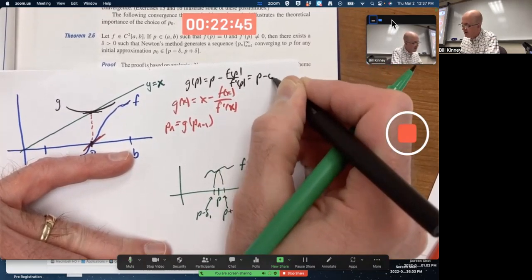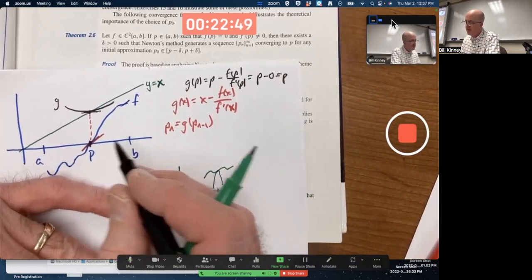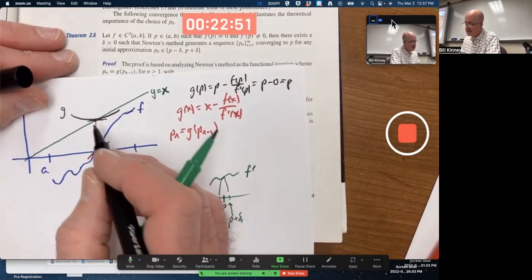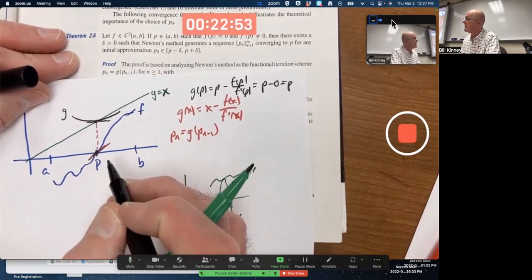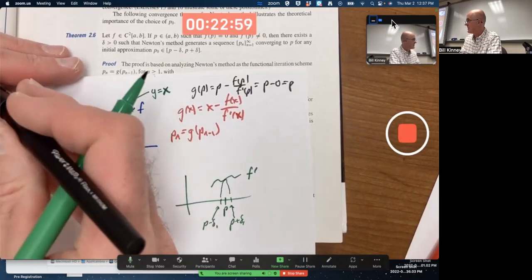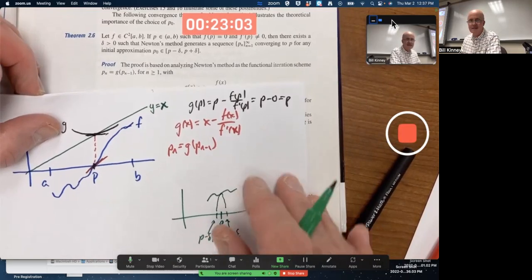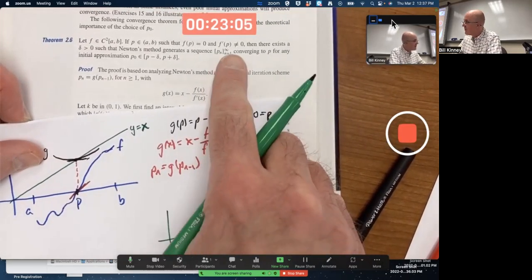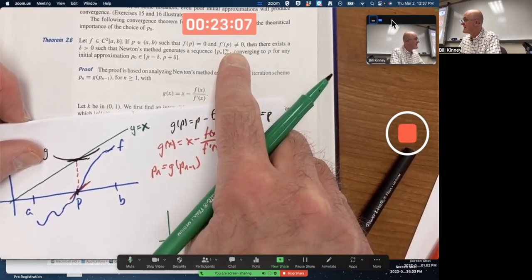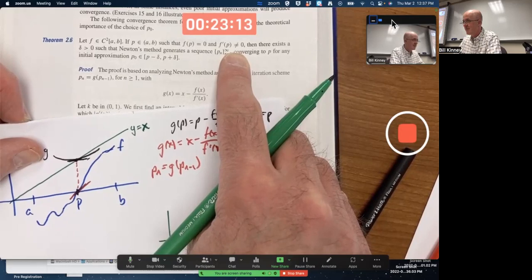This is P minus 0, which is P. P is a fixed point of G, but what we're seeing in this proof is that it also has a derivative equal to 0 there. And that is what makes the convergence for Newton's method extra fast, at least under these conditions, where f prime is non-zero. We're also going to see today that if f prime of P is 0, that's more difficult to deal with.